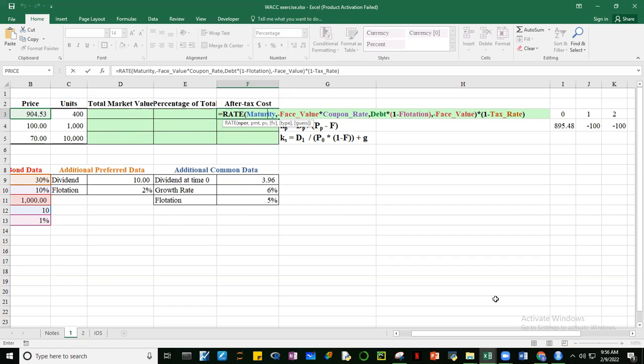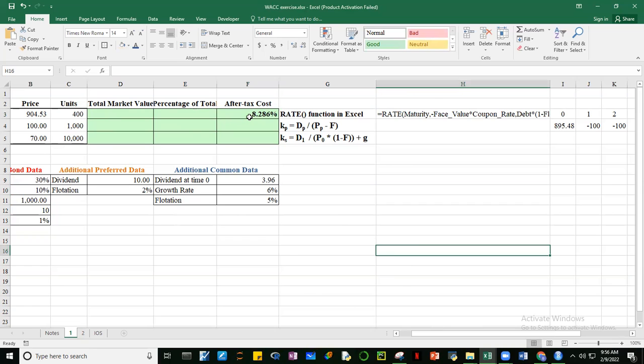Yung cost of debt natin, after tax cost of debt. Okay, thank you. I hope the others are able to follow.